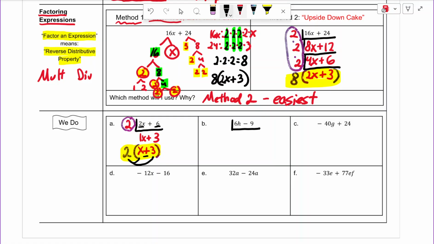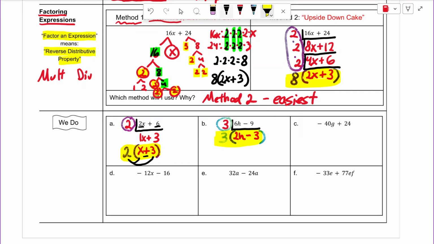If you're thinking the number 3, you are correct. 3 goes into 6h 2h times. 3 goes into 9 3 times. Bring down the minus sign, and there is nothing else we can take out of 2h and 3. So I'm going to put the parentheses around it. I'm going to find my GCF, which is just the 3, and there you have the answer.